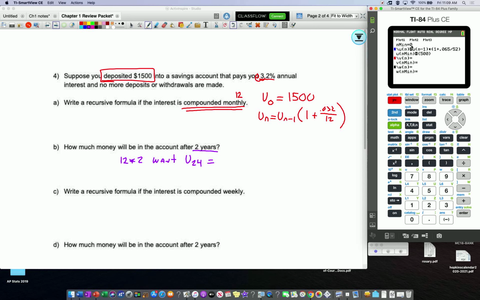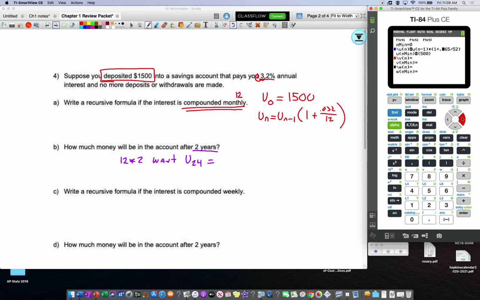So I can see that it's equal to 0 here. That's always important that that matches up. Remember, keep this u sub n minus 1 piece in there. If by some reason you deleted it, remember to get the u, you go second 7, parentheses, and then the n is right here, n minus 1, close parentheses. But a lot of times, I don't even delete that part.